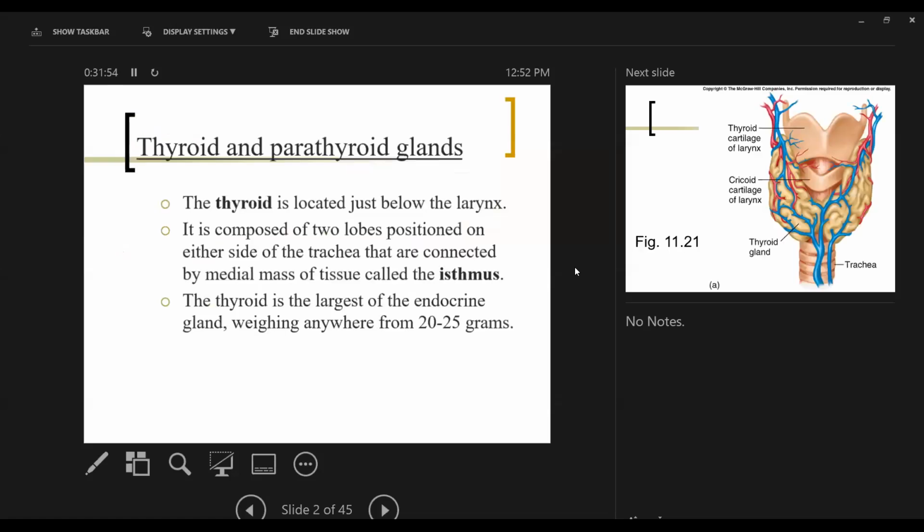Your thyroid is located just below the larynx. It has 2 lobes, and if you take your thumbs and connect them like this, that's about what the thyroid looks like. Best guesstimate there. So 2 thumbs. The connection is called the isthmus.